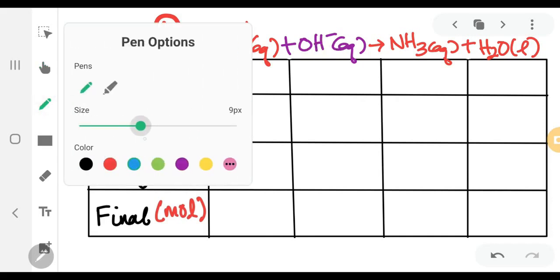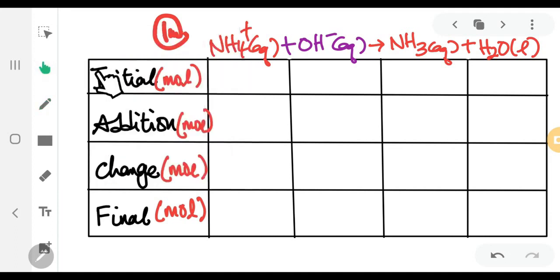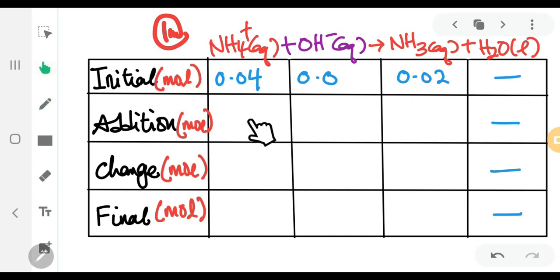So we're going to fill in the ICF table. Initial mole for NH4+ is 0.04. OH-, initially we haven't got this one yet. NH3, the initial mole is 0.02. And water is liquid, so we're just going to be ignoring that. We don't have addition of NH4+, and we don't have addition of NH3.